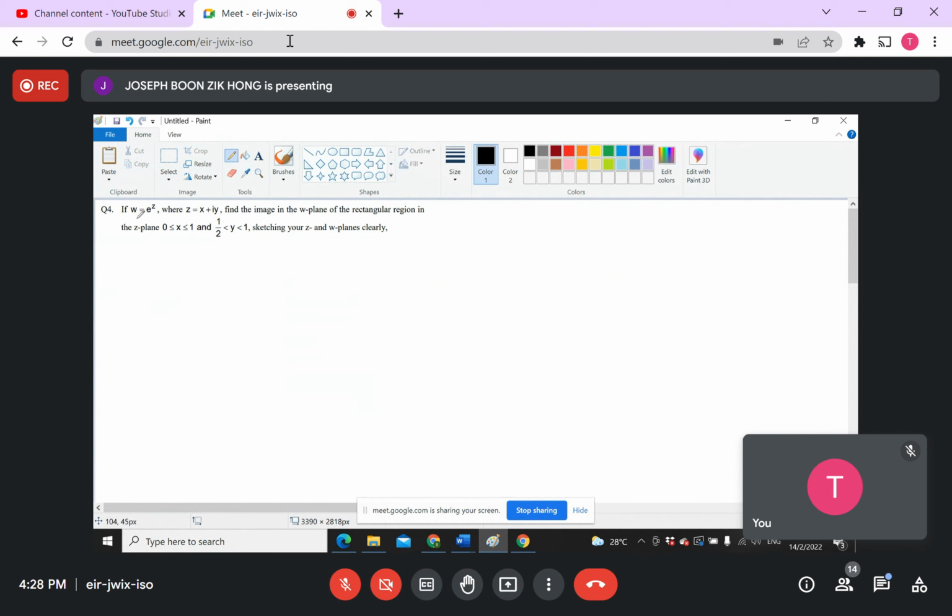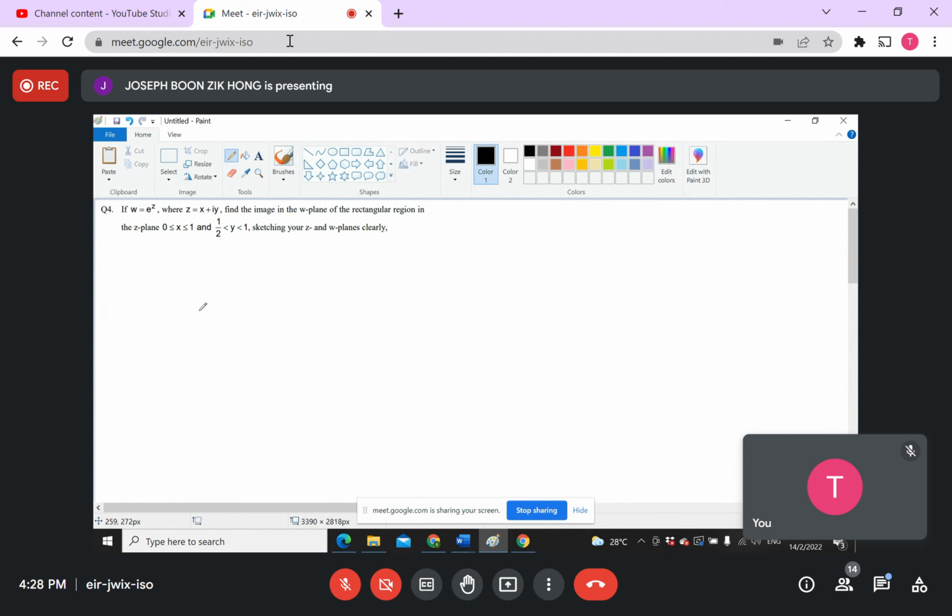So this is a function. Find the image in the w plane of the rectangular region where x is between 0 and 1, y is between a half and 1. Sketch your w and z planes clearly.